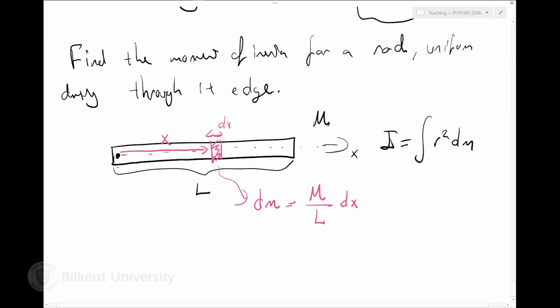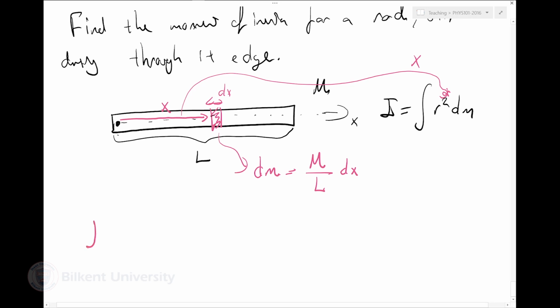What's the distance of that point from the axis? It's going to be x, right? So that's what my r is, which means my moment of inertia in this case is going to be x squared times, instead of dm, I'll write m over L dx. How about my limits?